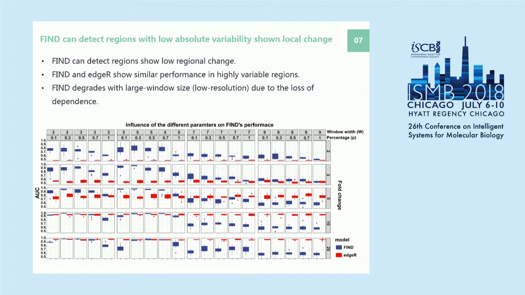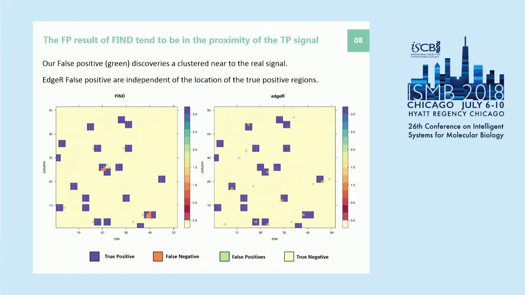For a high fold change, EdgeR shows similar performance to our method. However, even under similar performance, if we check the false positives of EdgeR and ours, shown here in green, EdgeR false positives tend to be located randomly in the heat map, whereas our false positives tend to be located next to the true signal, shown here in blue and orange.